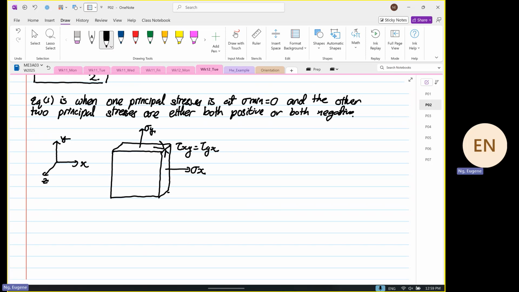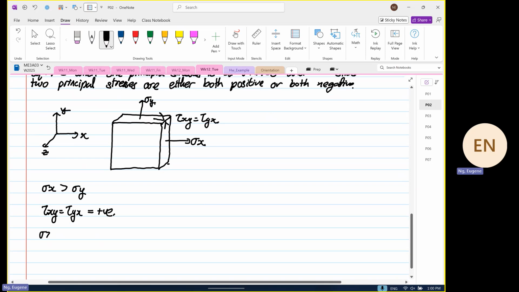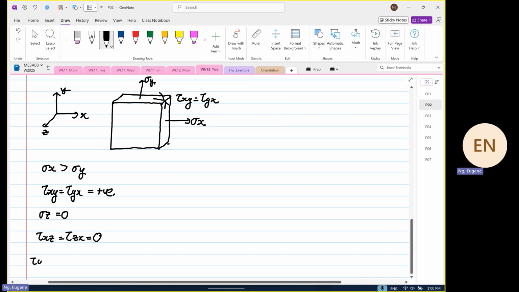And I'm going to write this out based on this condition. Stress X is greater than stress Y. Okay. Shear XY is equal to shear YX, and they are both positive shear. Given that stress Z is equal to 0, okay, and furthermore, shear XZ is equal to shear ZX is equal to 0, and another condition is shear YZ is equal to shear ZY. They are all equal to 0.